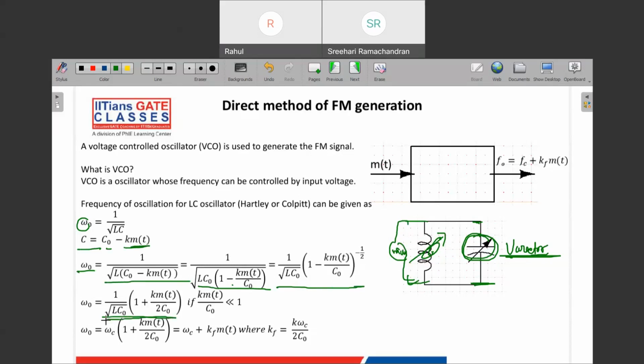If you see this, the frequency of the signal in the LC oscillator is proportional to the message. This is the behavior we see for the FM signal: the instantaneous frequency omega is proportional to the message.